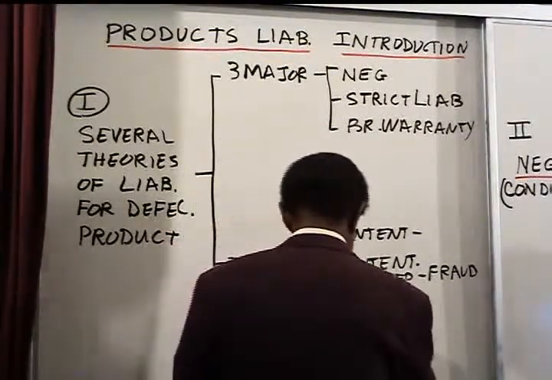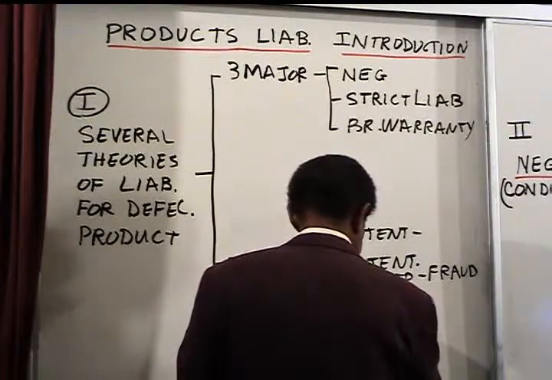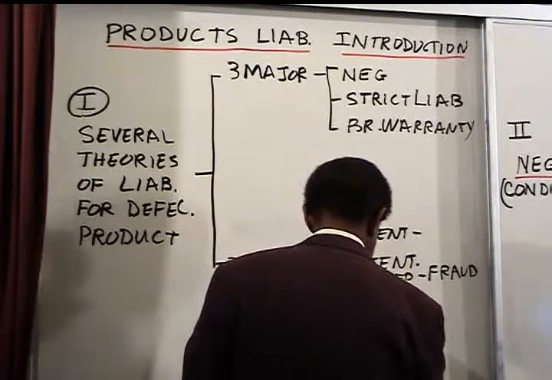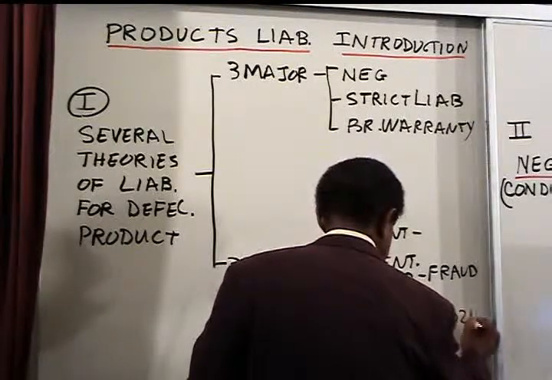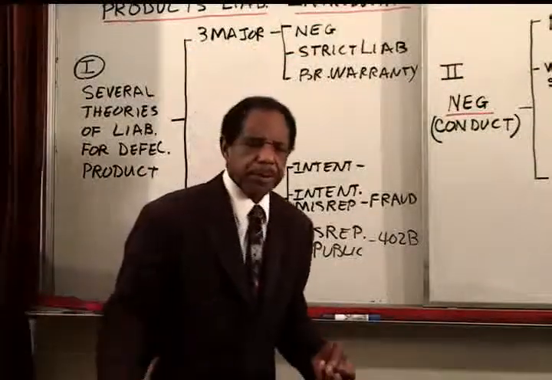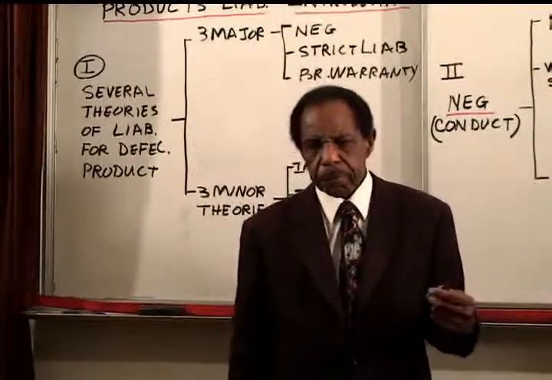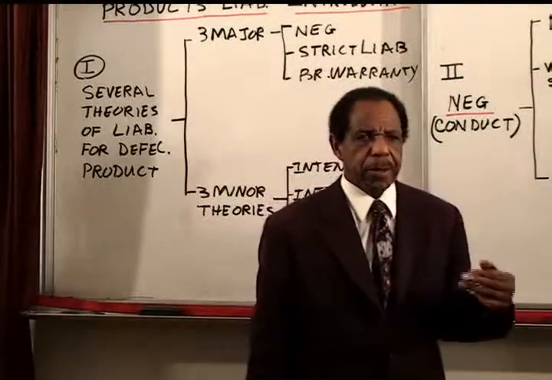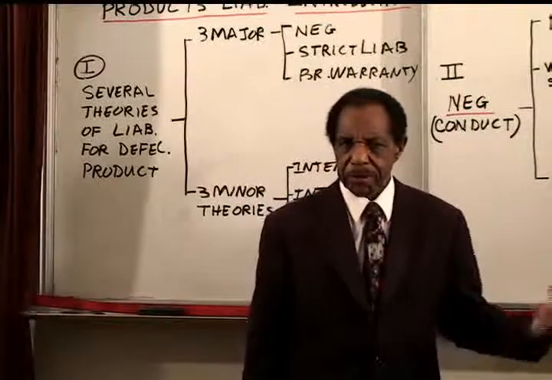And finally, the misrepresentation to the public. The rule about this is at 402B, and it basically says that there's liability if the manufacturer or whoever the seller is makes a misleading misrepresentation to the public regarding the product.